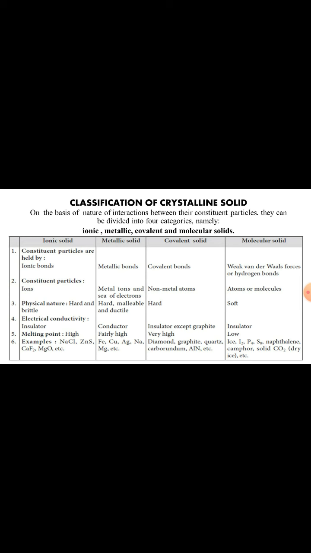First, ionic solid. As the name indicates, ionic solid, that means the constituent particles are ions and these are held together by ionic bond, that is also known as electrostatic force of attraction.